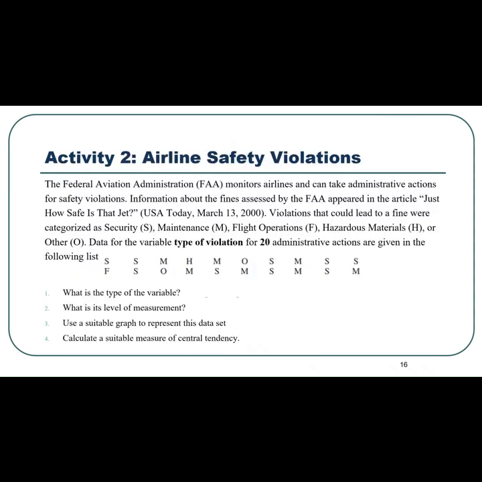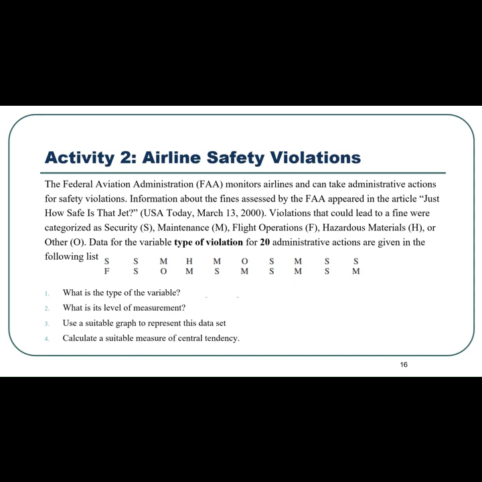Our last activity is this one, airline safety violations. We have 20 administrative actions that represent 20 observations of the type of violation. S is security, M is maintenance, F is flight operation, and H is hazardous materials or others, various other types of violation for 20 administrative actions.